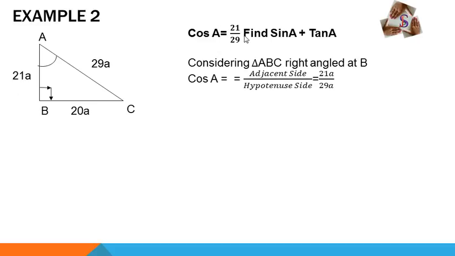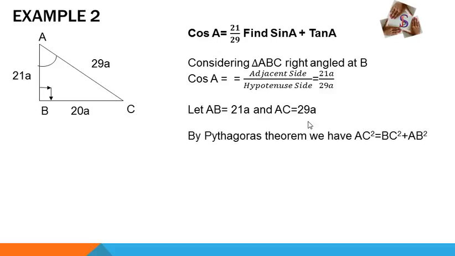Again, since it's a ratio, we cannot take this as 21 and this as 29. So AB is equal to 21A and AC is equal to 29A. We apply the Pythagoras theorem as it is a right angle triangle.